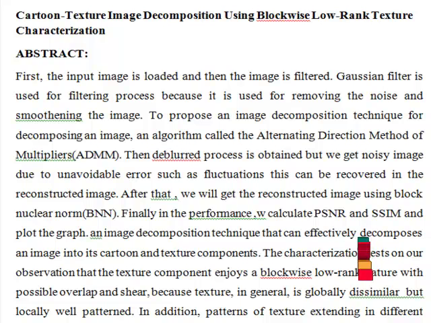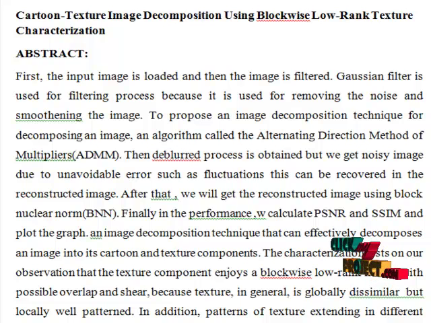First, the input image is loaded and then the image is filtered. Then a Gaussian filter is used for the filtering process because it removes noise and smooths the image.